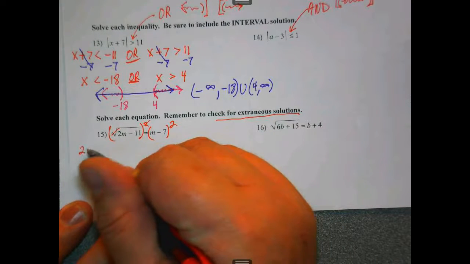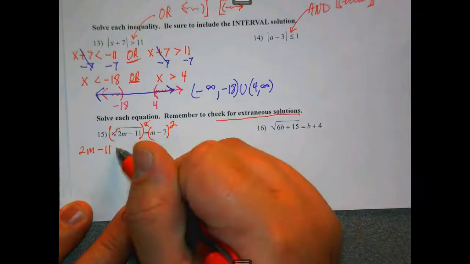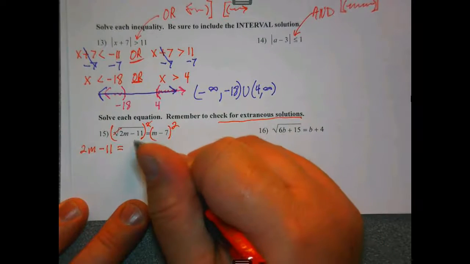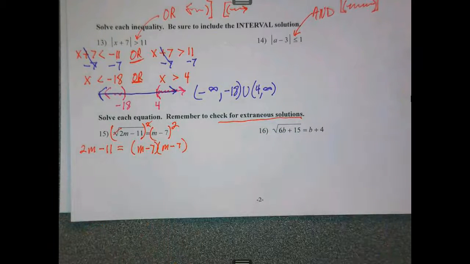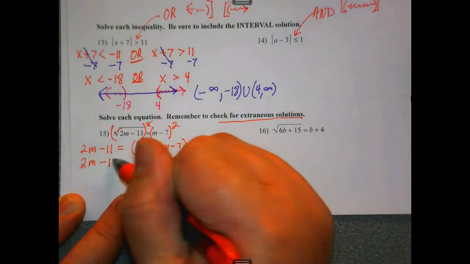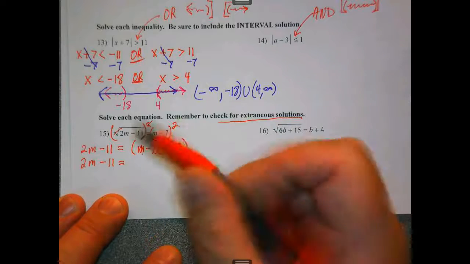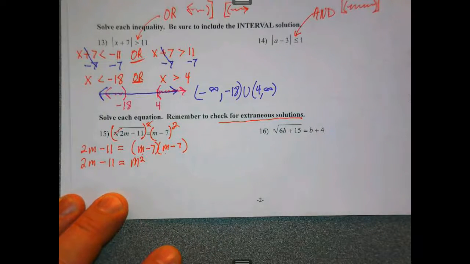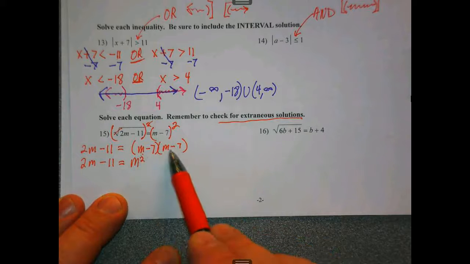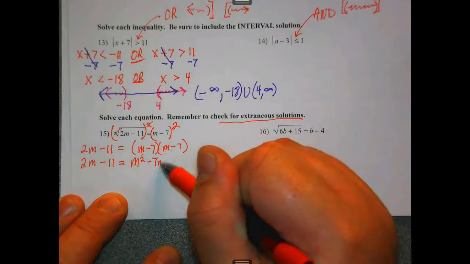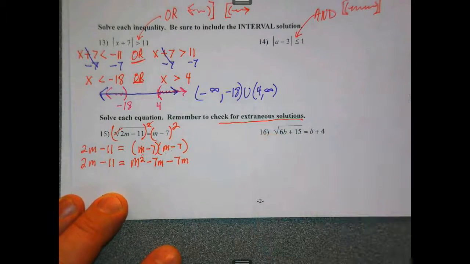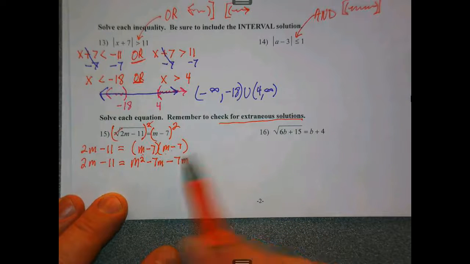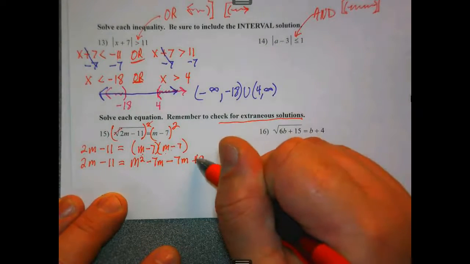I get 2m minus 11 equals, I get a binomial times a binomial, m minus 7 times m minus 7. So I have FOIL. 2m minus 11 equals m times m, m squared, outer m times minus 7, minus 7m, inner minus 7 times m, minus 7m, and last negative 7 times negative 7, 49.